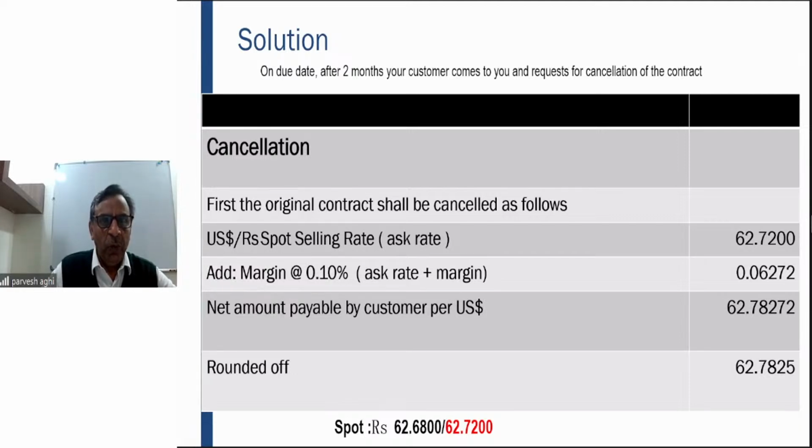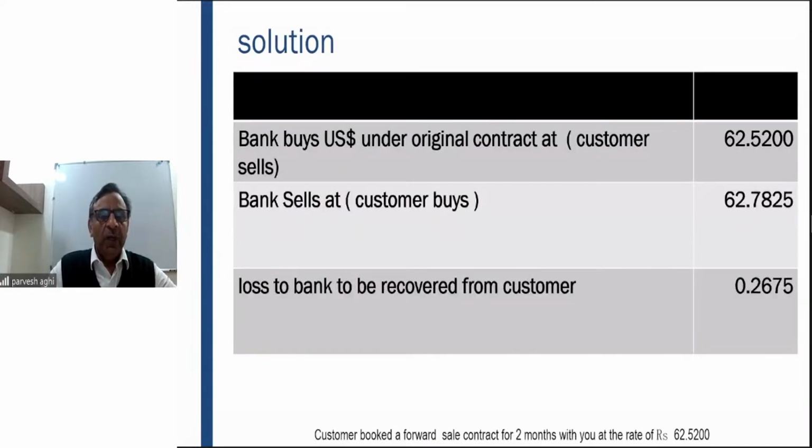The net amount payable by the customer per dollar comes to 62.7827, which will get rounded off to 62.7825. How we have rounded off, you can always refer to my earlier video. Now the bank buys US dollars from the customer and the customer sells.